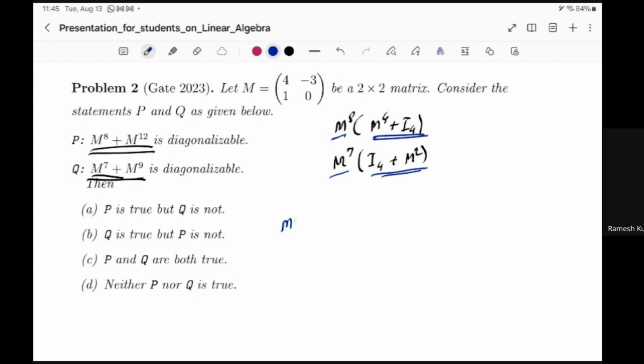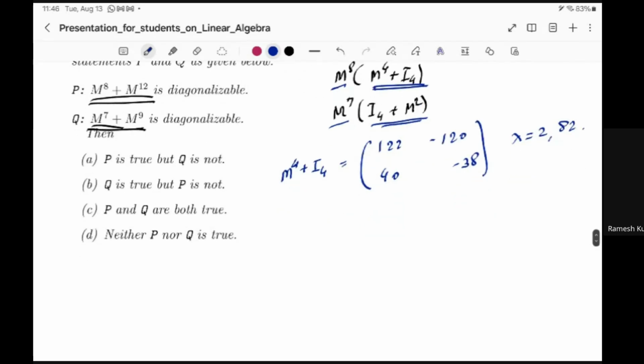M to the 4 plus I4 shouldn't take too much time. You can calculate that to be equal to 122, minus 120, and 40, minus 38. You can look at the characteristic equation and you can find that the eigenvalues are 2 and 82. So the eigenvalues are distinct. That means M to the 4 plus I4 is a diagonalizable matrix.